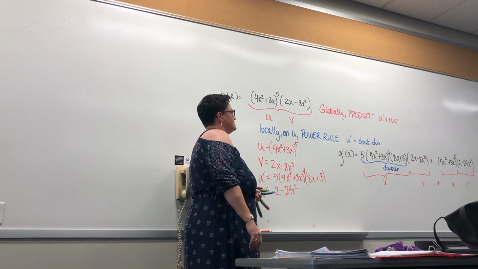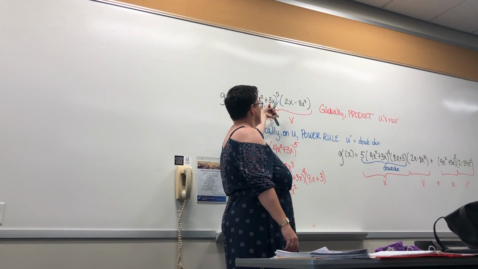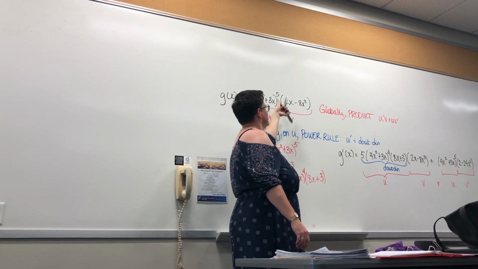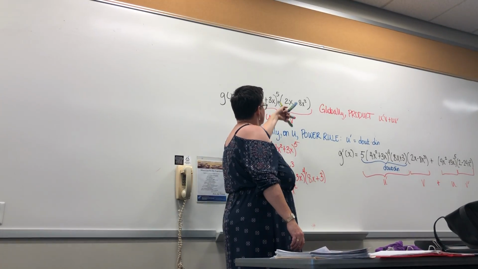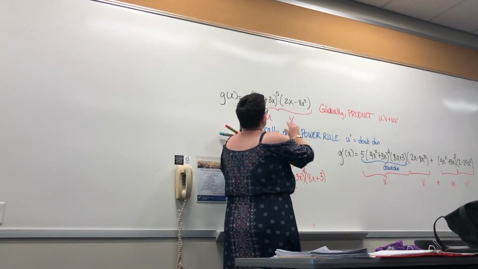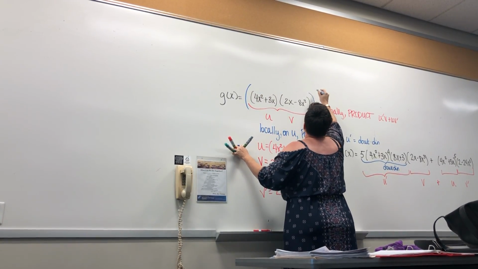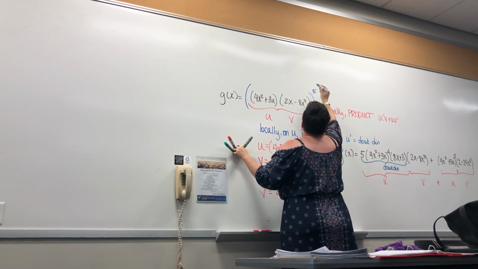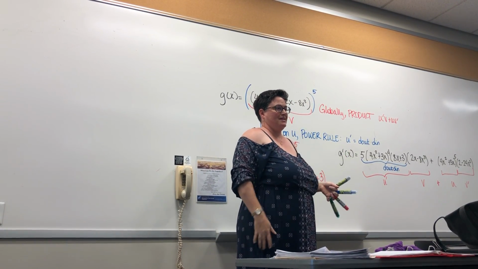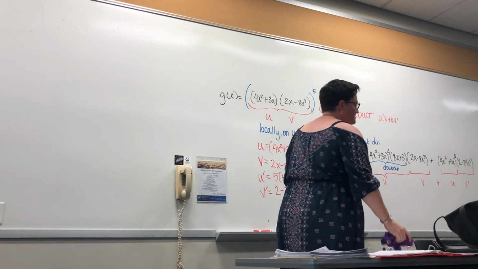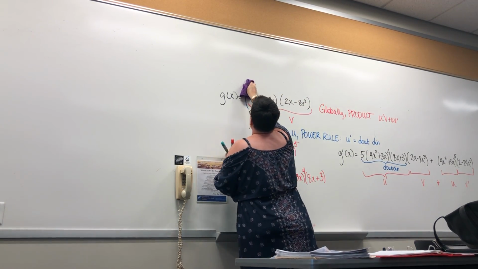If you see this, you know you're eventually going to have a power rule, because you have a function to a power. But that's only one part of the function. If this were not here, but instead were here, then it would be the power rule on the outside and the product on the inside. Does that make sense? Do you see how that changes it? Yes. Good. We're going to do a problem like that.